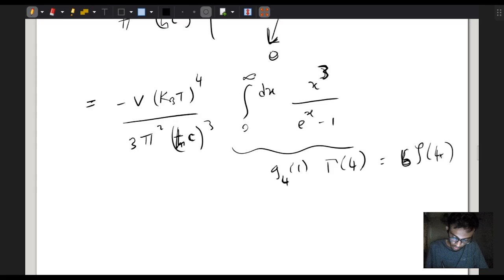So finally this is minus 2 V by pi squared.